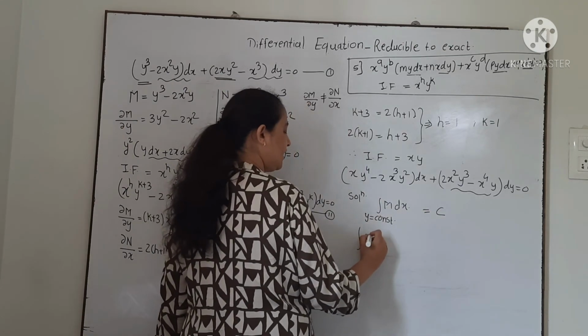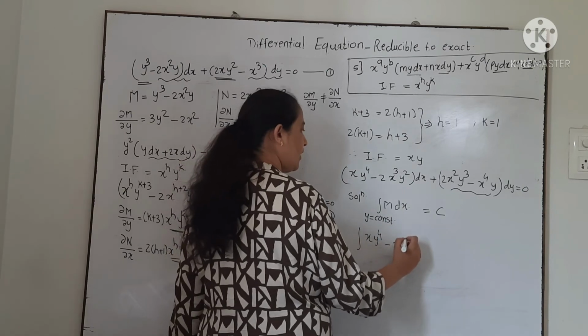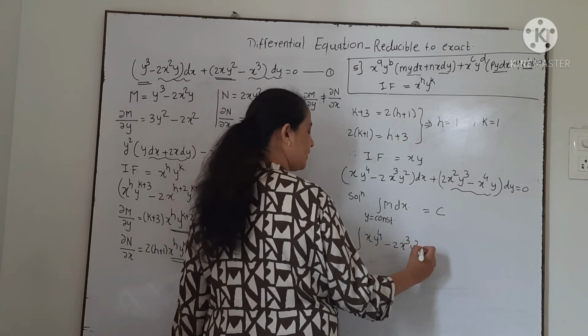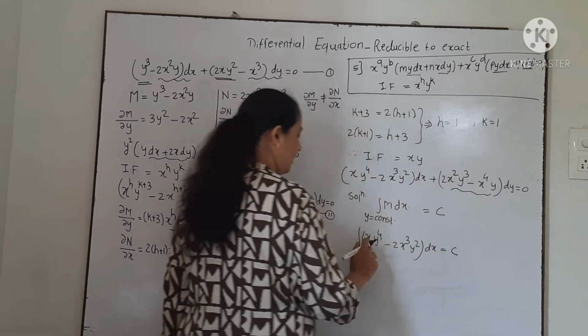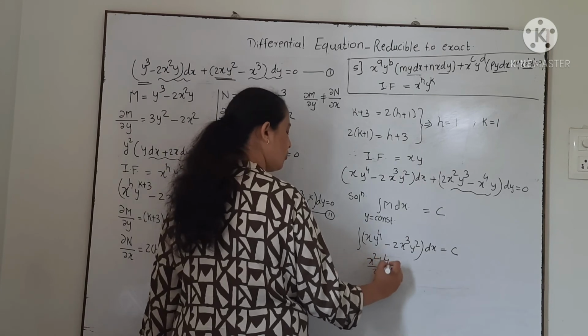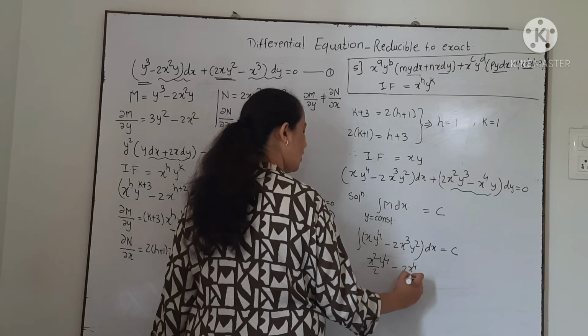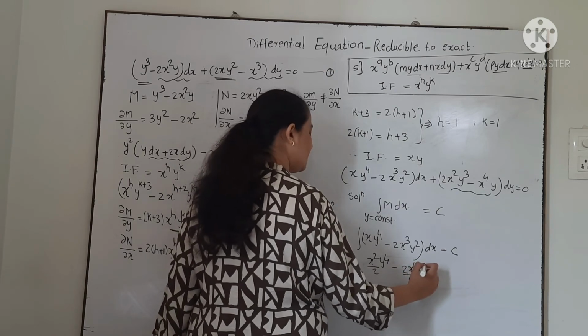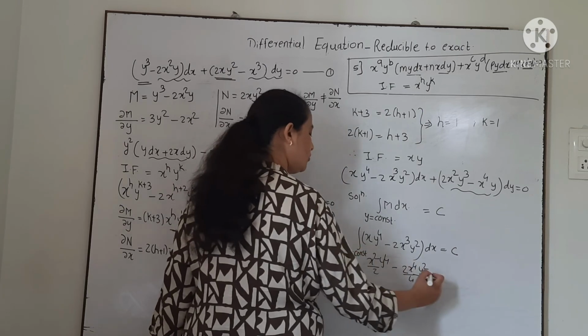That is integral of x y raised to 4 minus 2 x cube y square dx equal to c. Integral of x is x square upon 2, y raised to 4, minus 2 integral of x cube is x raised to 4 upon 4, y square as it is, which is constant, equal to c.